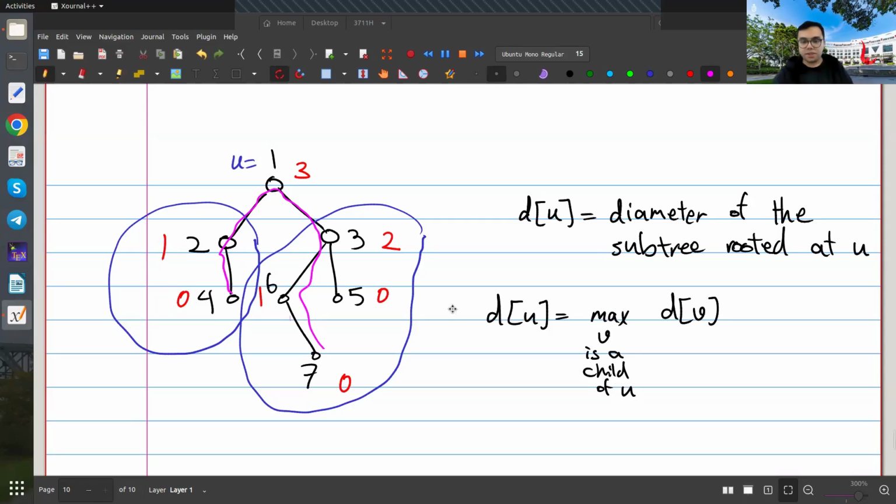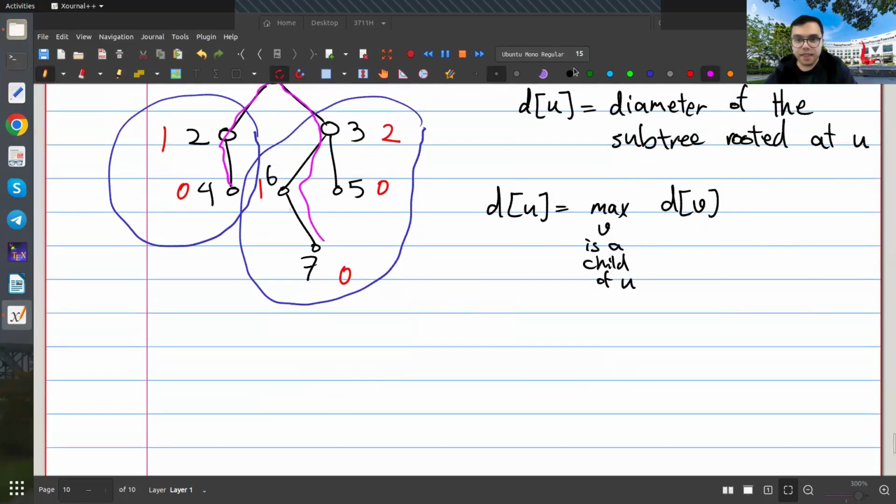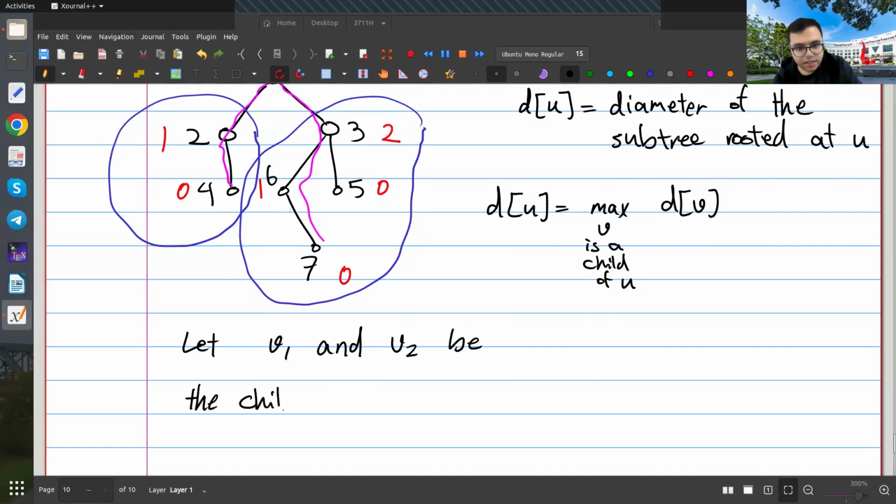So I'm going to take the 2 children that have maximum heights. Okay? So I'm going to say, let V1 and V2 be the children of U with maximum height, the children of U with largest possible heights.